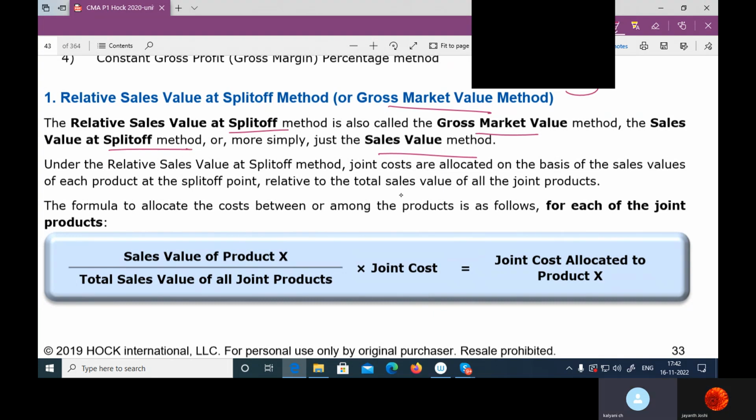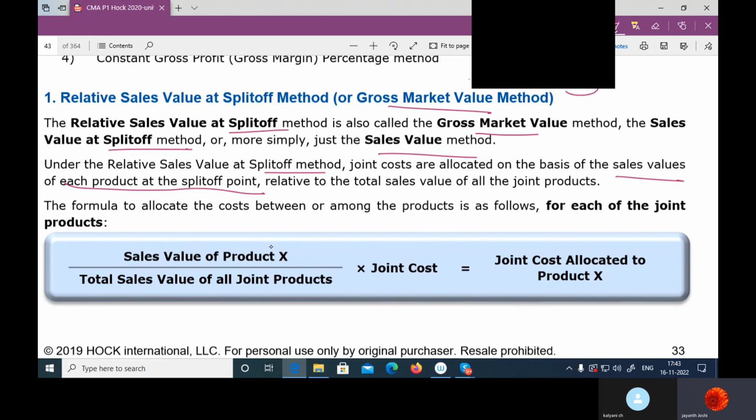So under relative sales value at split off method, joint costs are allocated on the basis of sales value of each product at split off point. That means the point at which the two products got produced. Crude oil was the raw material, and process one has given two products where the two products got split. At that point, if we want to sell it, what is the value at which we can sell that in the market, or what people are ready to offer us, correct?